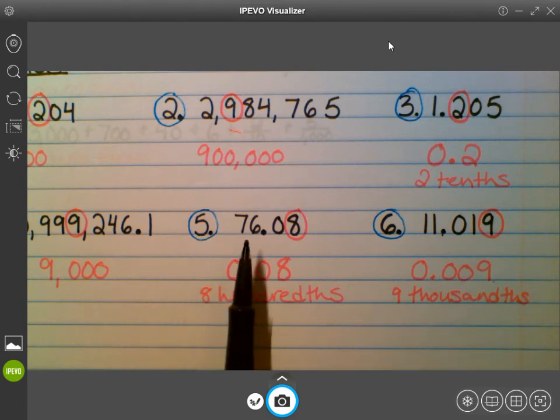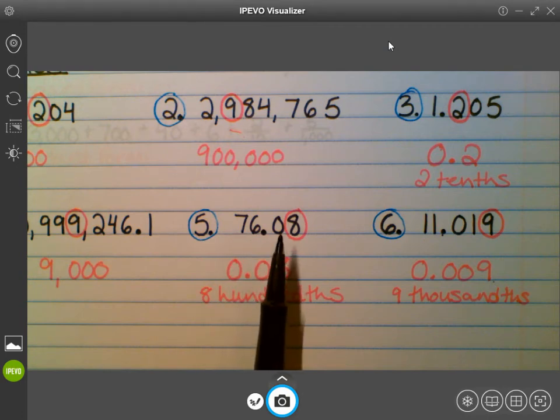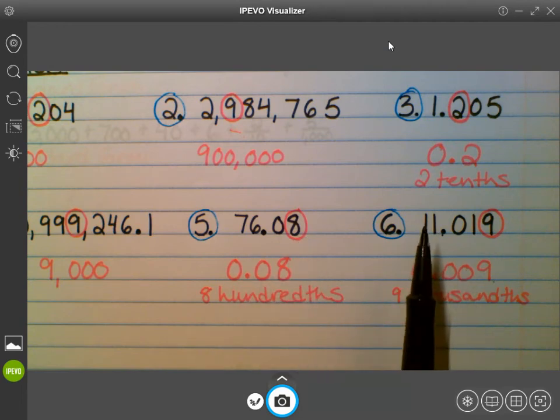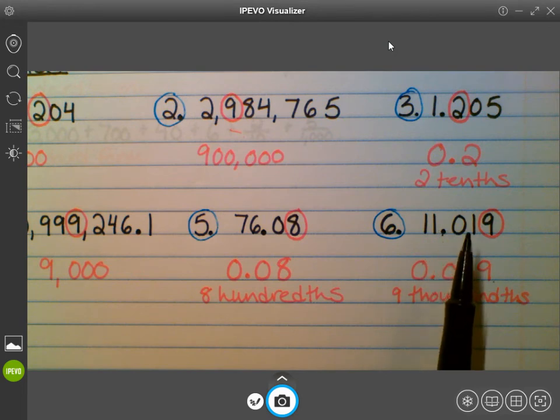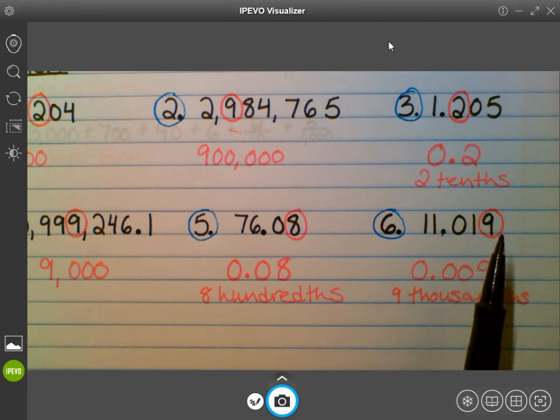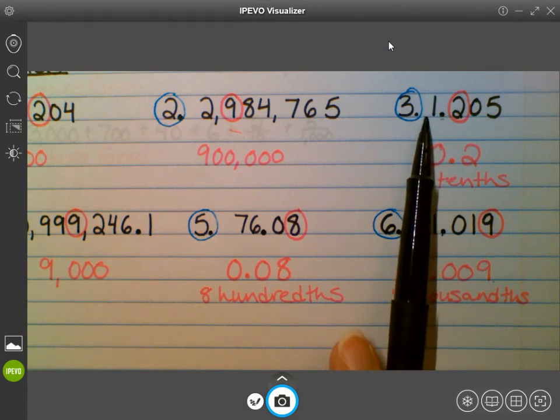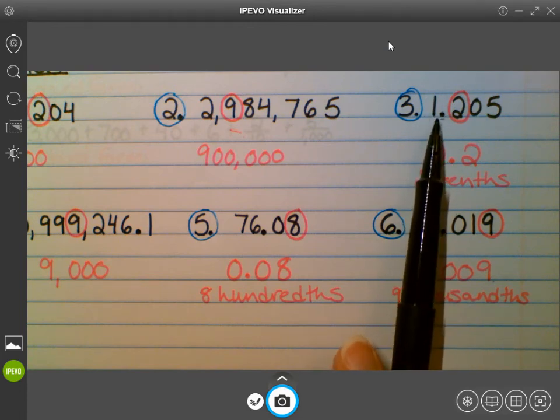So then number 5, our ones place, that's where the 6 is. So then the 7, which is in the tens place, we wouldn't include. So then we'd have 0, and that's already a 0, 8. And here, wouldn't include the first one, but then we'd have 0.009.